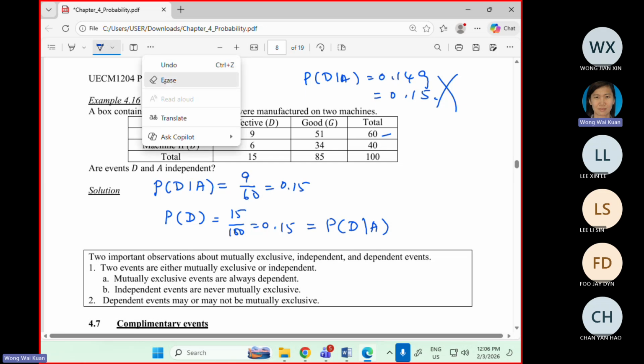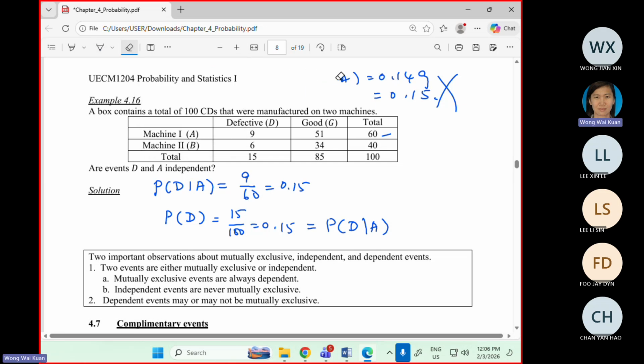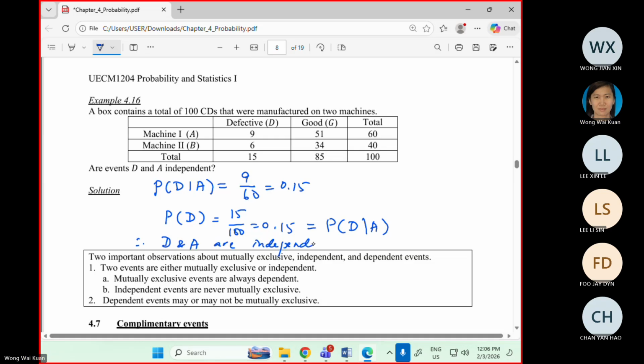So this is wrong. Don't simply round up. Then please make sure you decide or conclude D and A are independent. Okay?